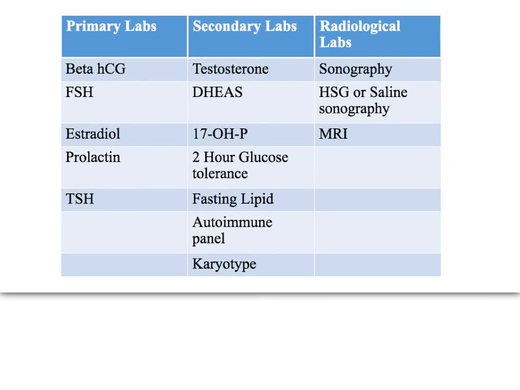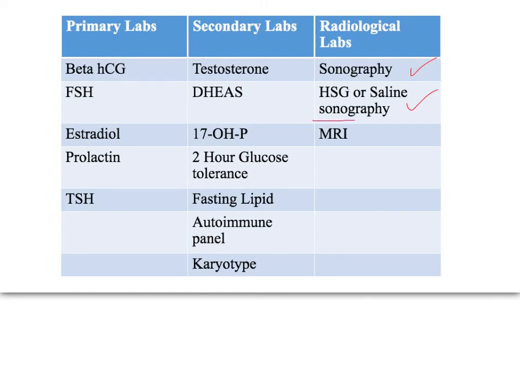So a sonography, you're looking again for some anatomical stuff, but mostly the sonography is going to help you to rule in or out polycystic ovarian syndrome. And then this HSG or saline infused sonography will help you to look for Mullerian anomalies and intrauterine synechia.